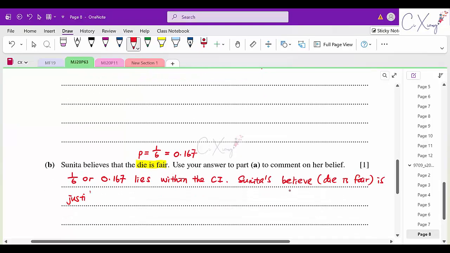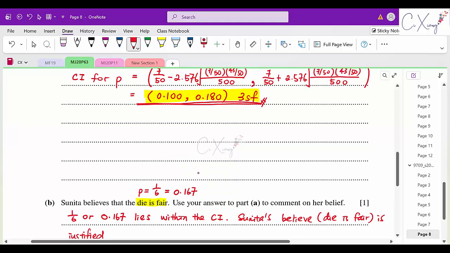Okay, all right. It is because, if let's say you believe that this is the value of P, we try to compare it with the result that we have in the confidence interval that we already carried out. The confidence interval was found using 500 throws, right?